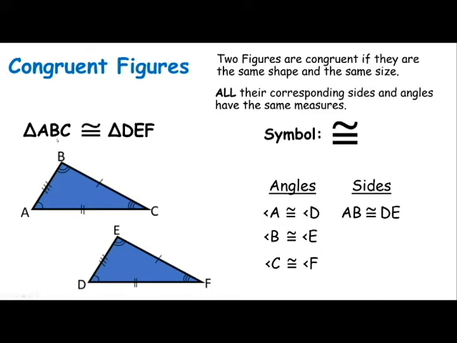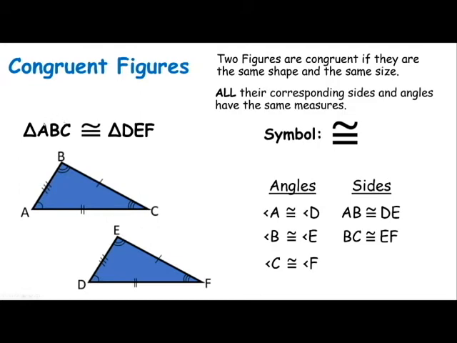If I look again, I can see that B is the second letter, C is the last letter. BC is this line right here across the top. Notice there is one mark in it. BC is going to be the same size as EF. EF is down here. Notice that it has one congruence mark in it as well. Can you figure out the last pair of corresponding or matching sides?